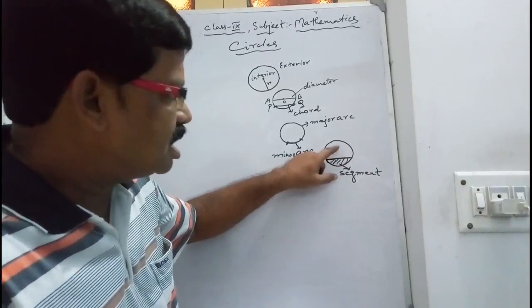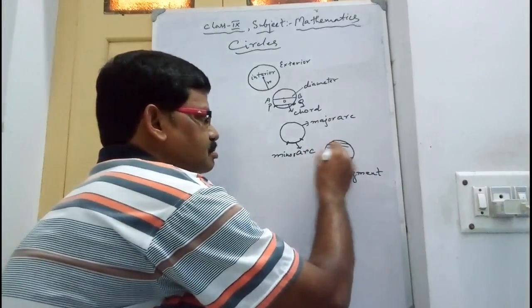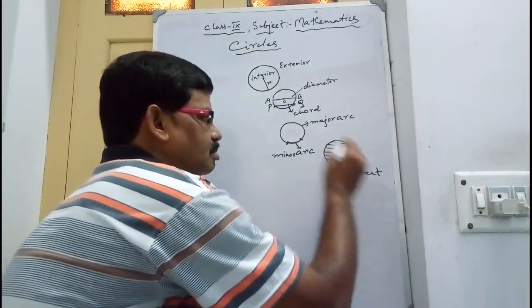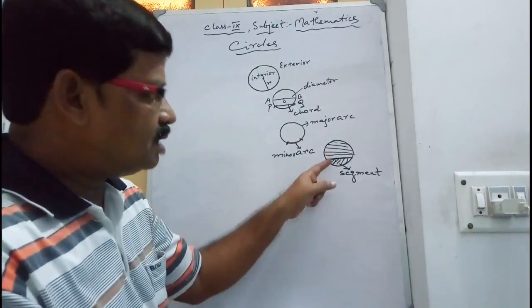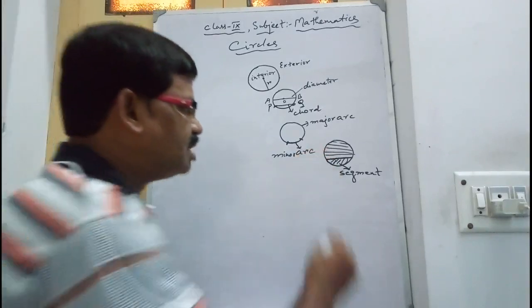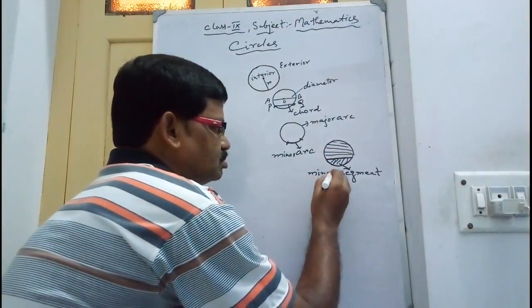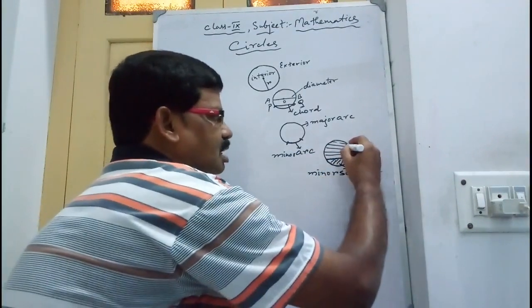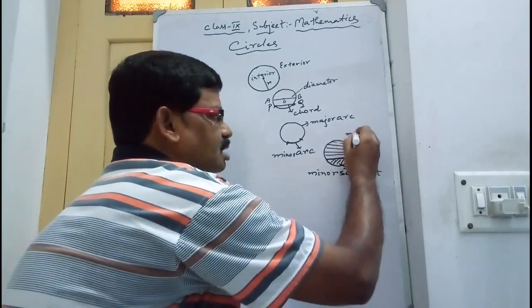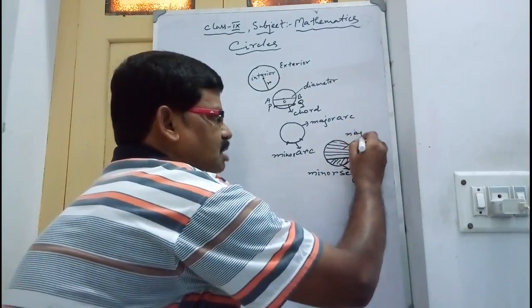One is this one, another is this one. In these 2 parts the smaller part is known as minor segment, and the bigger one is known as major segment.